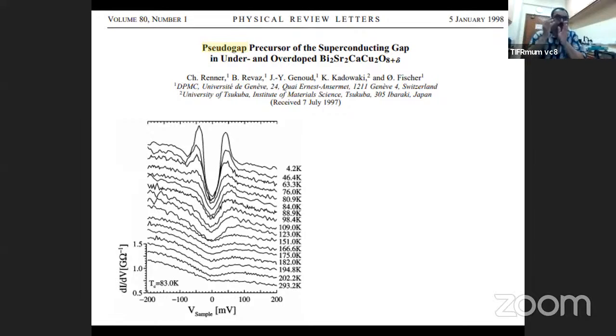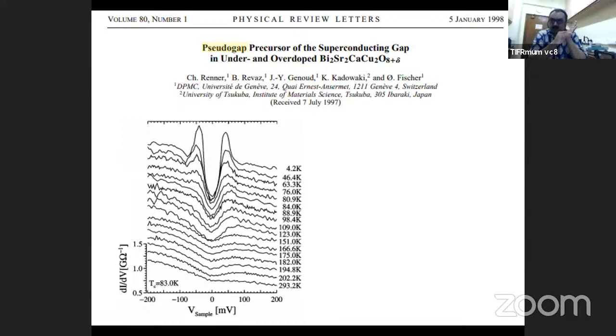You know that one of the major milestones in superconductivity was in the late 80s with the discovery of the superconducting cuprates. Why was this a major milestone?